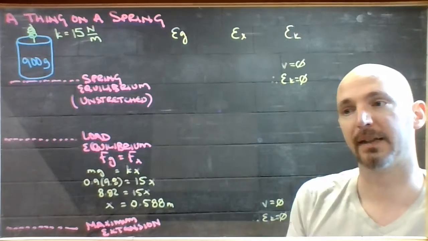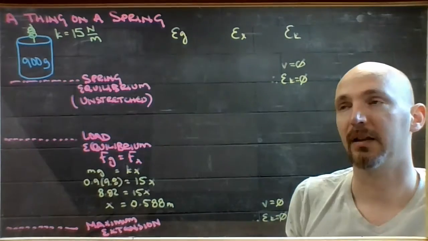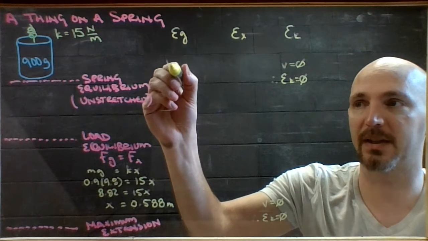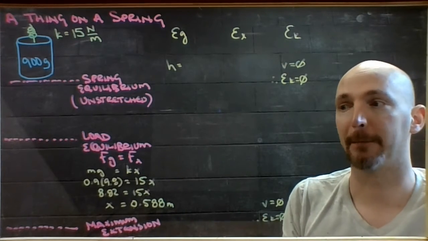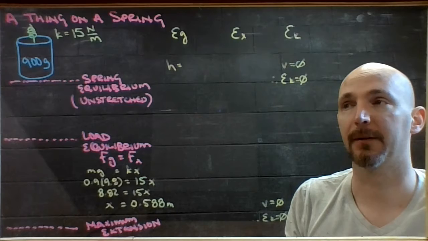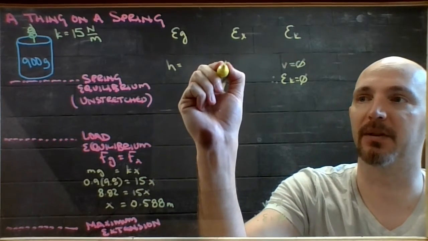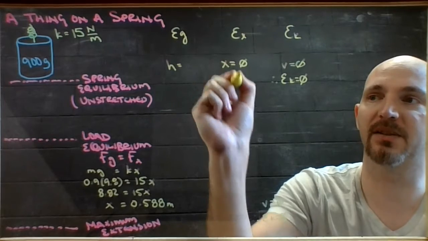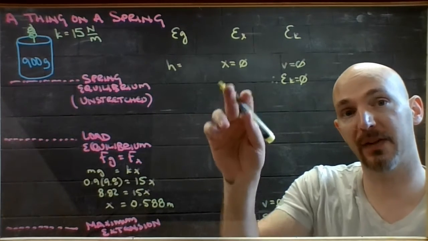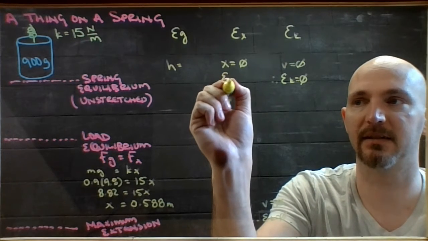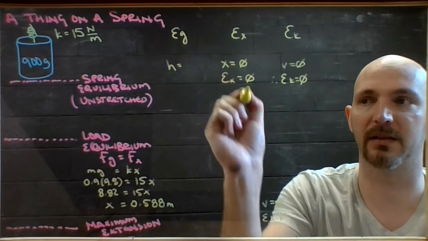All right, now for gravitational potential I have mgh, so I need to know what the height is. But I don't have that labeled anywhere on here. I do know that at the spring equilibrium, the spring is unstretched. So when I fill that into 1/2 kx squared, I can see that this will end up being nothing.